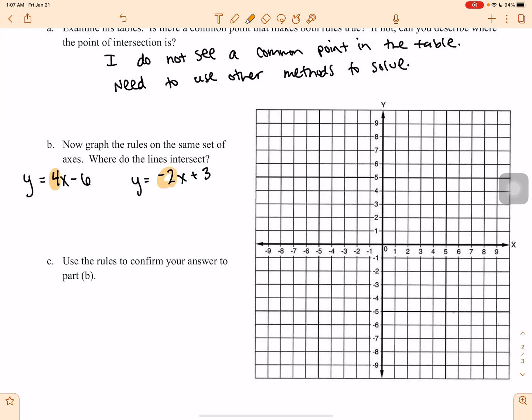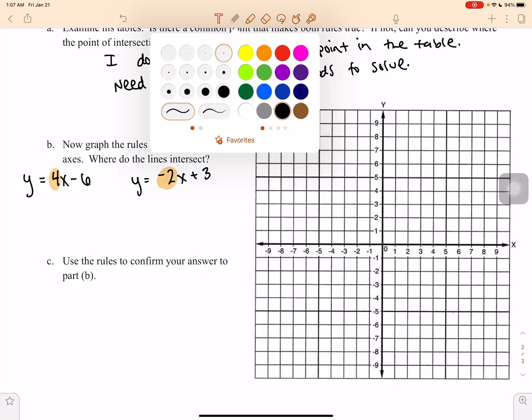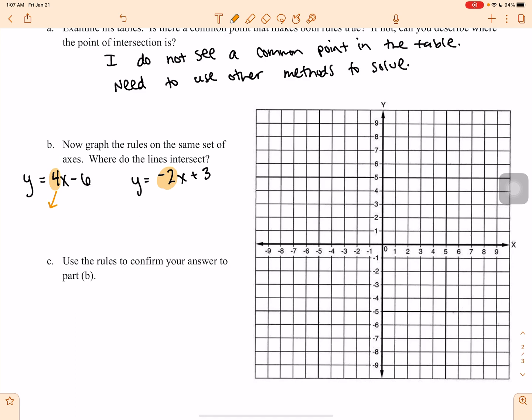So this number here is our slope. That is our rise over run. In this case, since it's a 4, we can put it over 1 to replicate rise over run, right? Except 4 divided by 1 still equals 4. Same thing here. Rise over run is going to be negative 2 over 1, so that one will be going down.